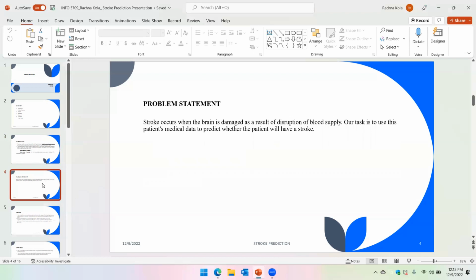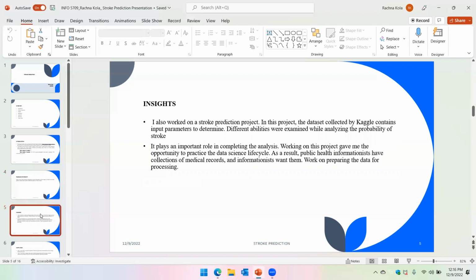Basically, a stroke occurs when the brain is damaged as a result of not getting a proper blood supply. So this problem may occur. In order to overcome this, the insights that I have faced in this project are in the next slide, under insights.